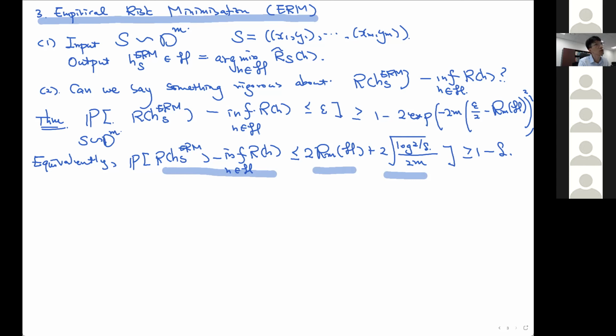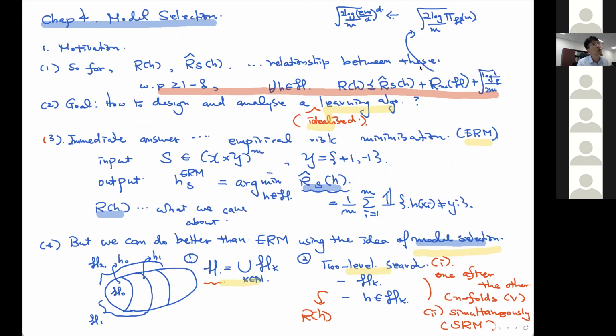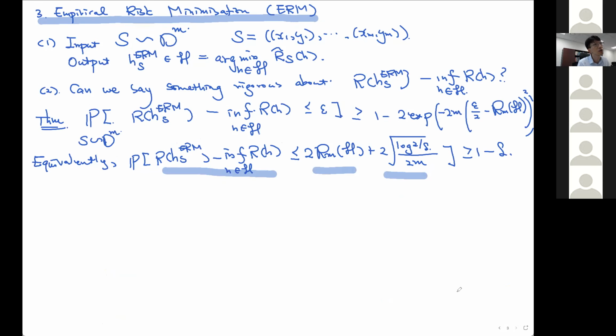The difference is that in the generalization bound we talked about, there is no number 2 here, just a 1 over delta, and there's no extra term. But in this case, the number 2 appears in multiple different places.